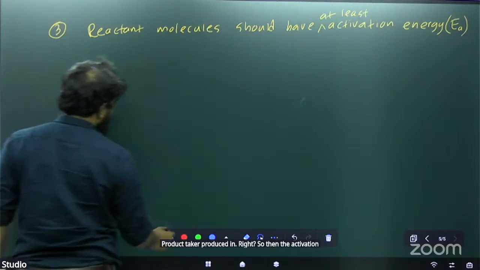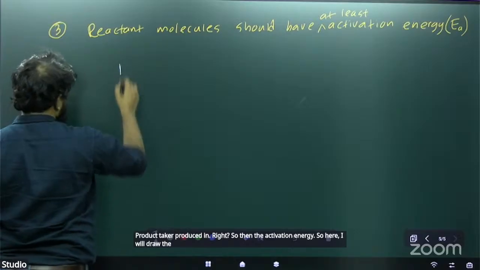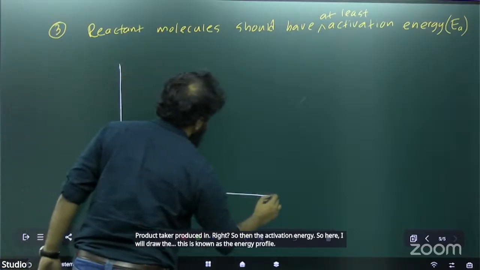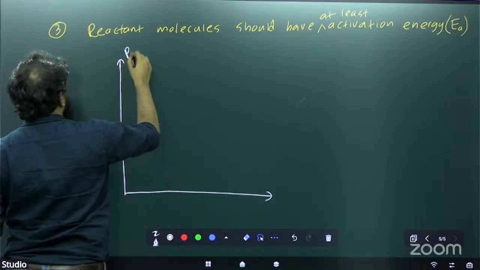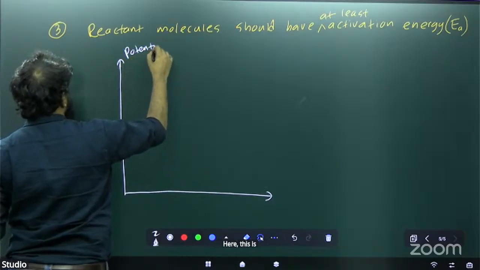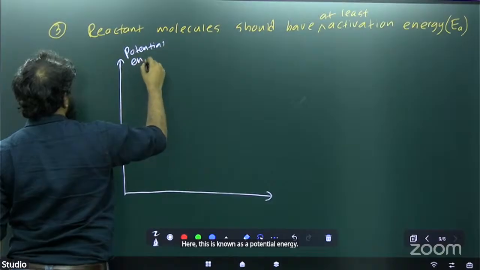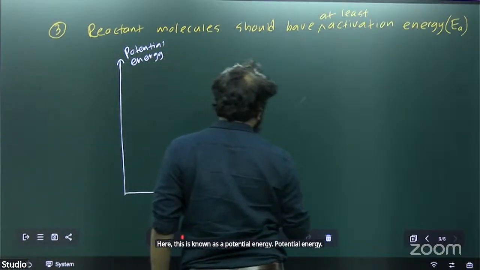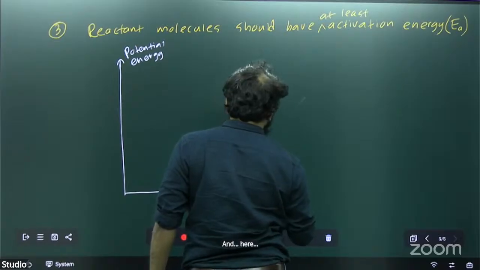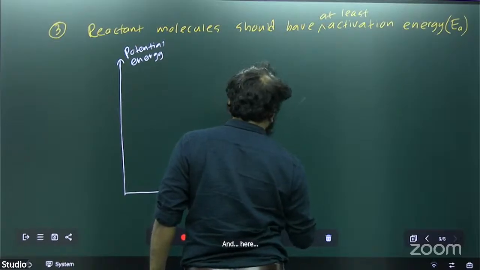So here I will draw this; this is known as an energy profile. We will discuss this separately later. Here this is potential energy, and here the reaction coordinate.